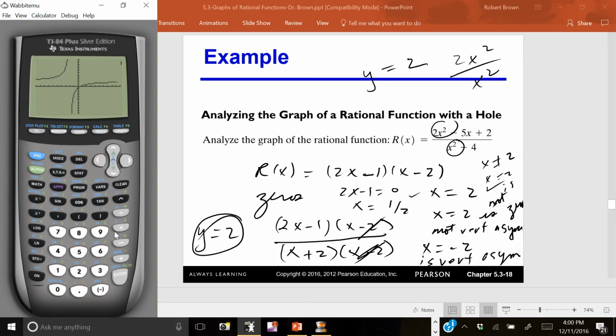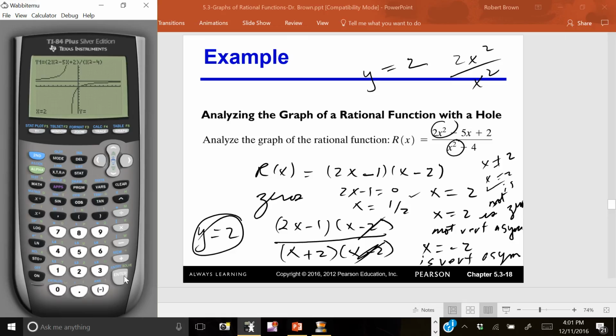And remember we said at x equals 2, there's a hole in the graph. Now that's not clear from this graph because the only place there's a hole is at x equals 2, and there are so many points on the graph, you can't tell that x equals 2 is not on the graph. But when we put in calculate value at x equals 2, it will not return anything to us because it knows it can't divide by 0.